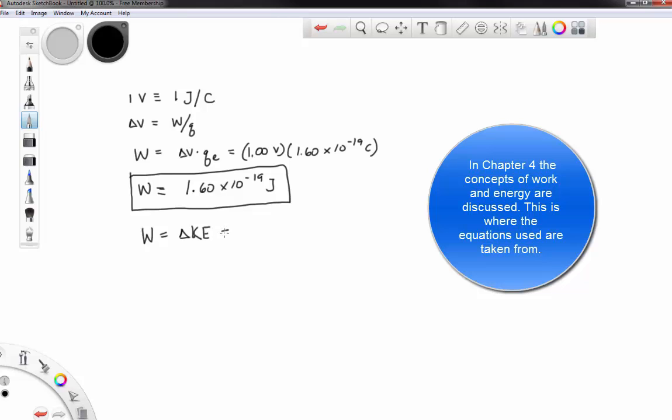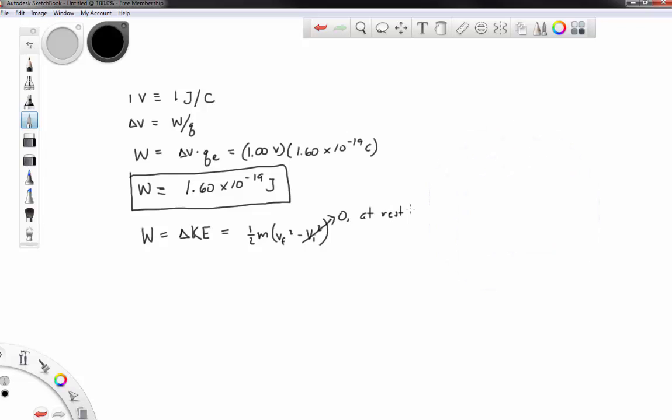This is also therefore going to be equal to 1/2 m times v final squared minus v initial squared. And the electron was initially at rest, so that means that the initial speed was in fact 0. So the work is equal to 1/2 the mass times the final speed squared. So that means that we can try to solve for the final speed.